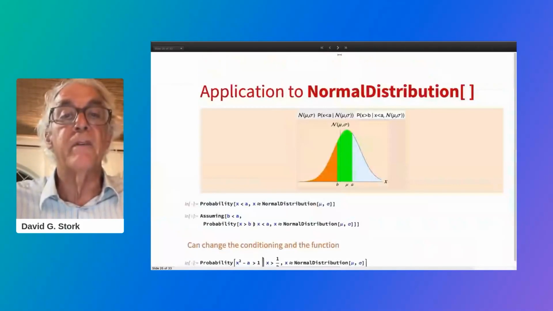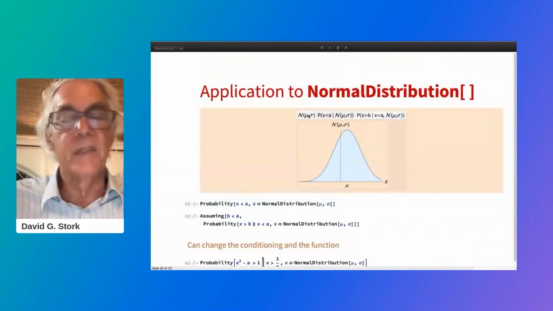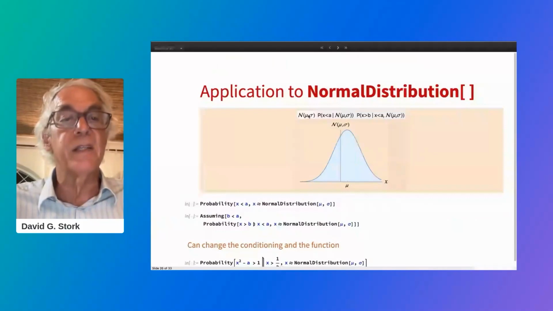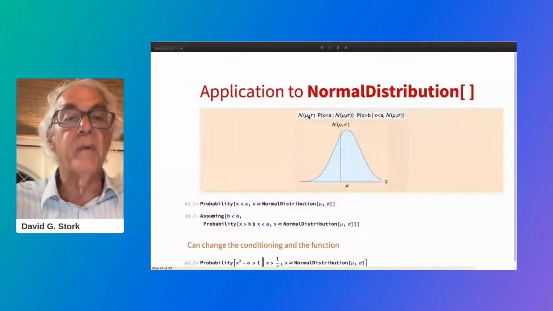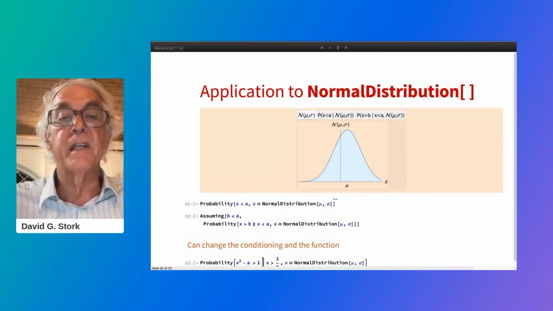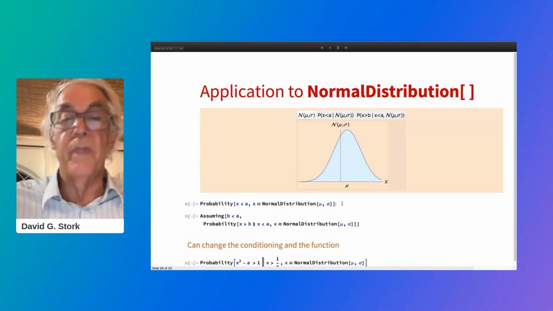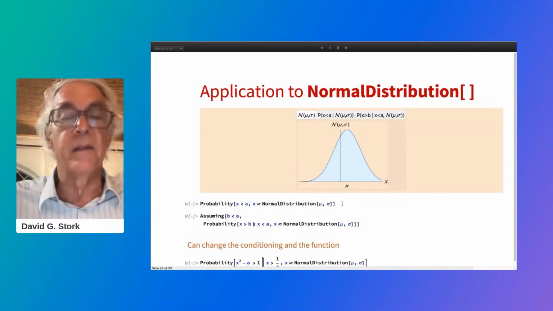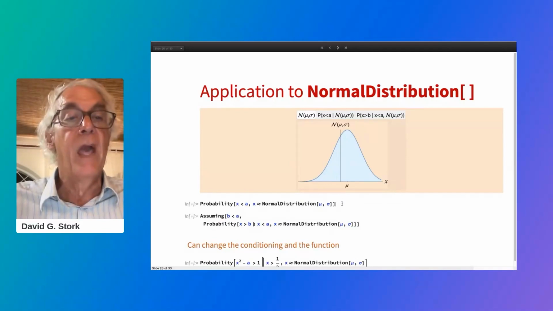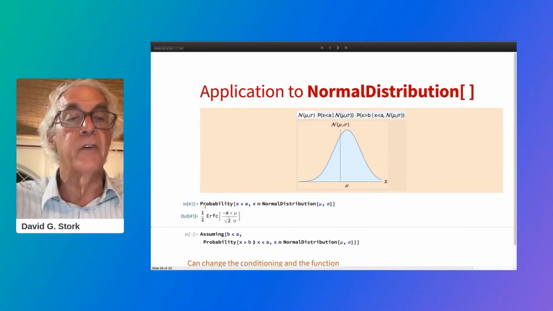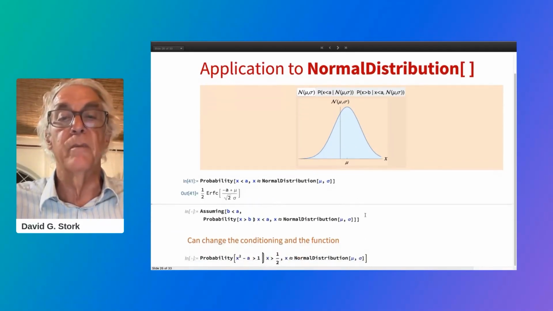We spent a lot of time on statistics and symbolic statistics. So what's the probability that x is less than a if x is distributed normally with some mean mu and standard deviation sigma? It will give you the error function, as you likely know.